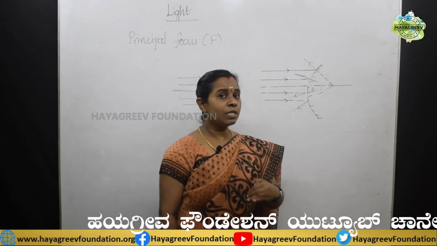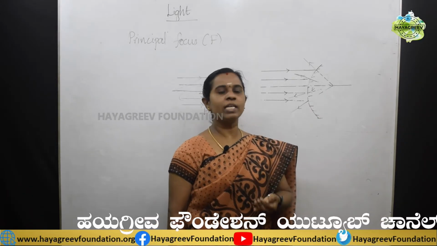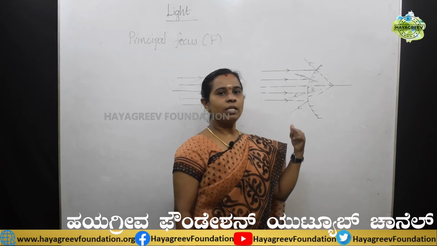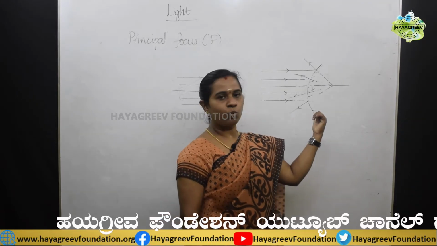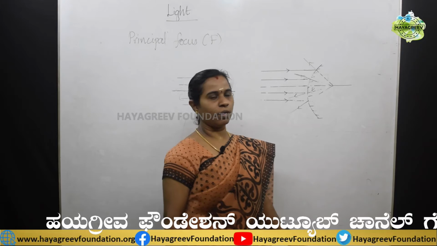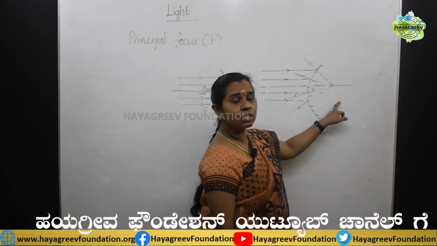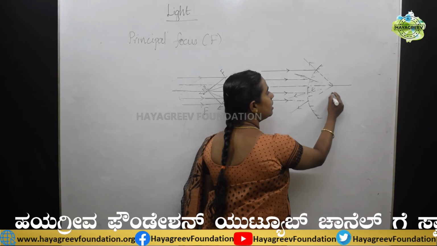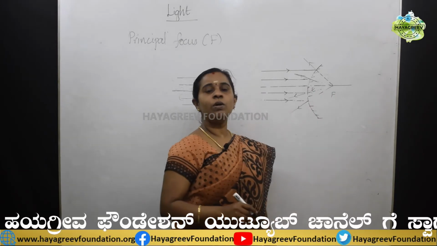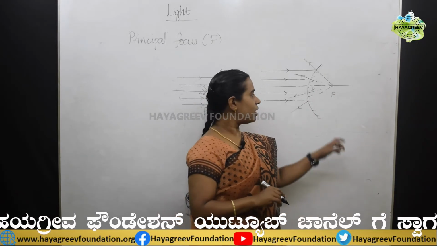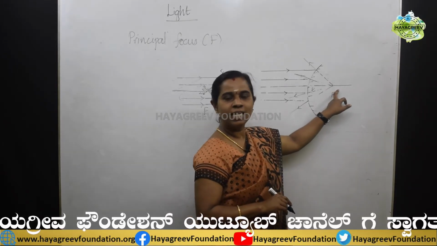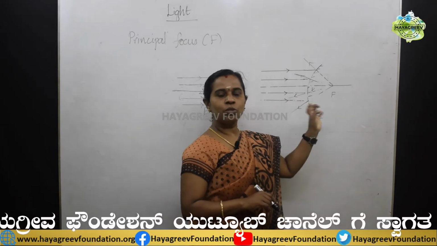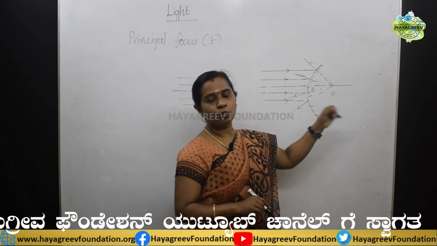We say it appears to meet because the reflected rays do not actually meet at one point. This point is the principal focus of the convex mirror. We do not get any real image here; it is a virtual image.